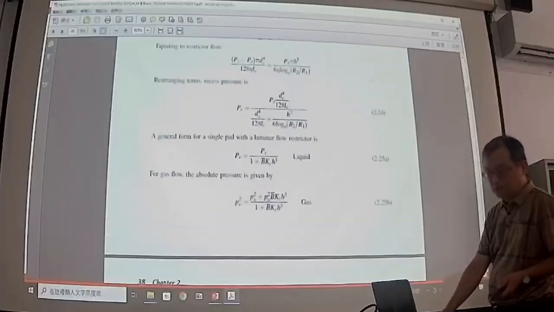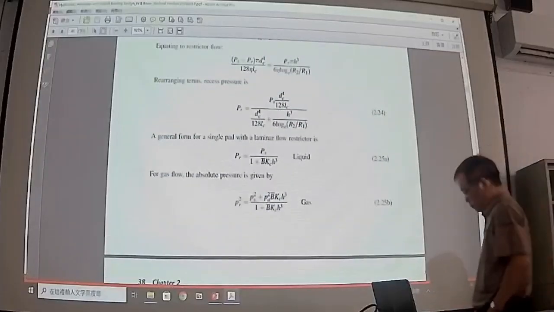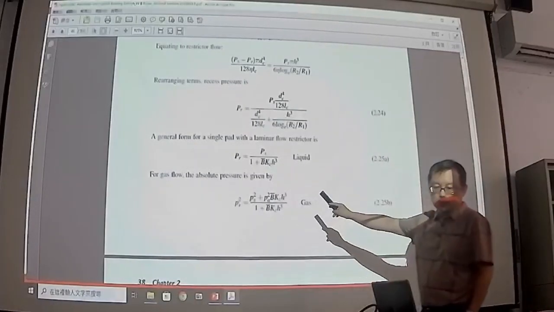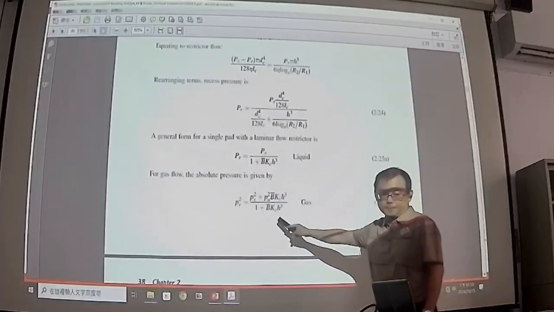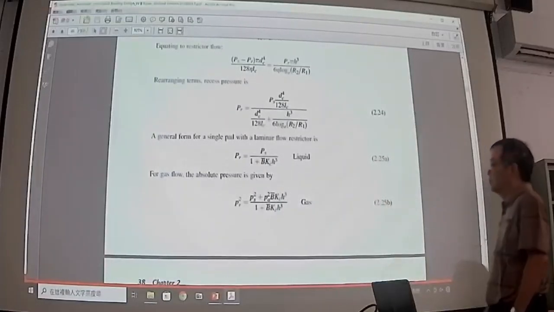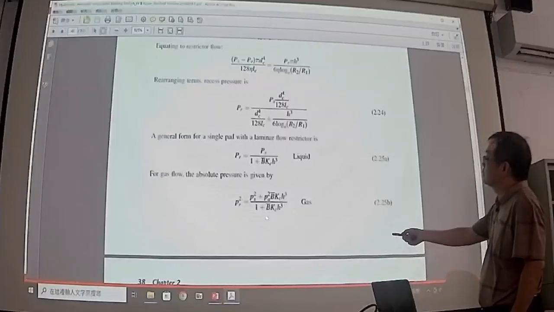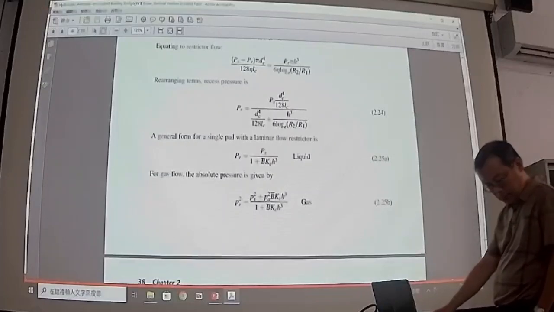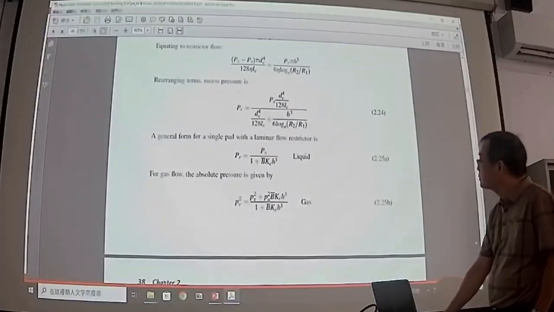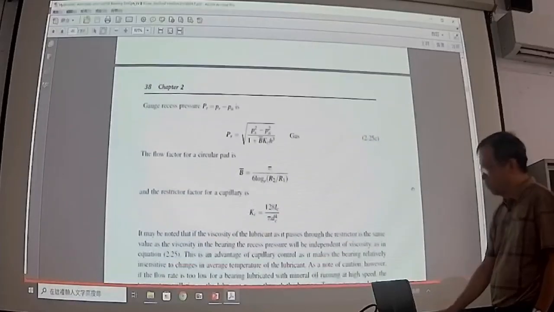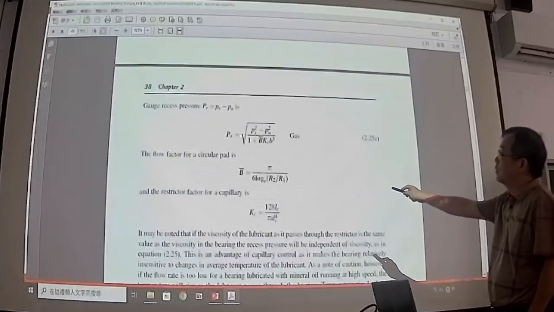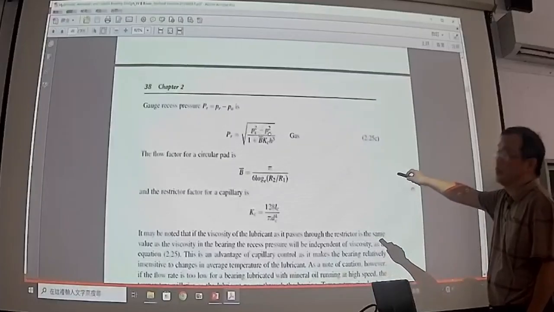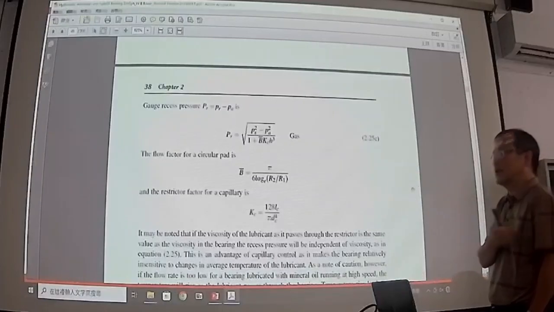And for the aerostatic bearing or air bearing, we have this, it's a more complicated form for the PR. You can obtain, for the air bearing, this PR. So PS is the supply pressure, PA is the gauge pressure for the ambient here.